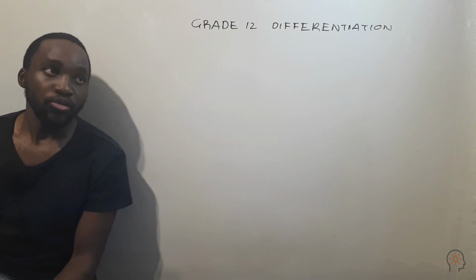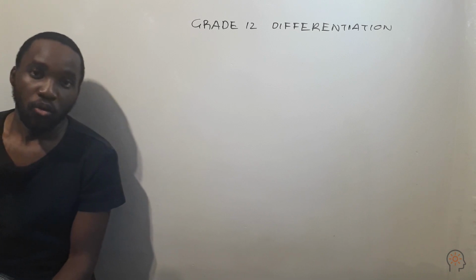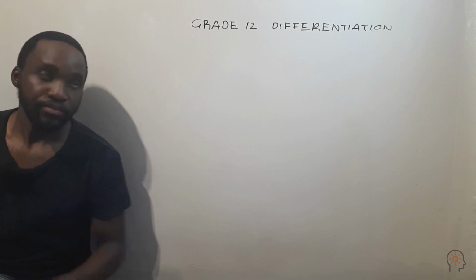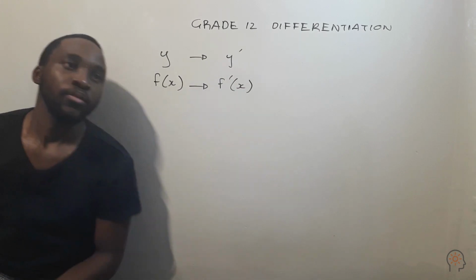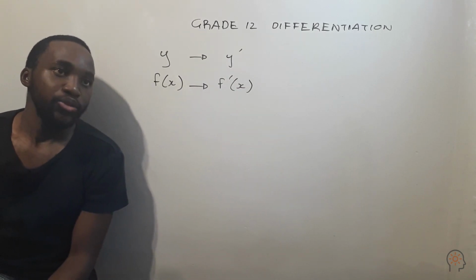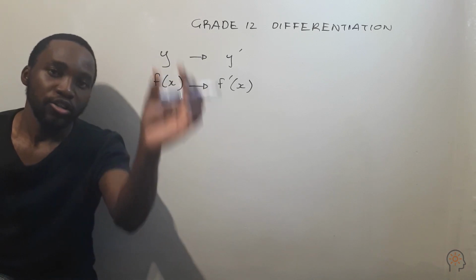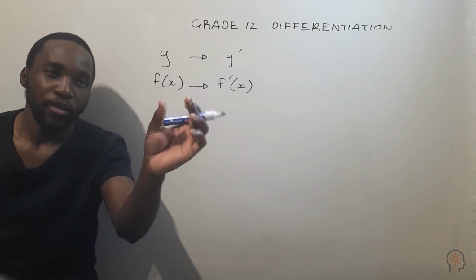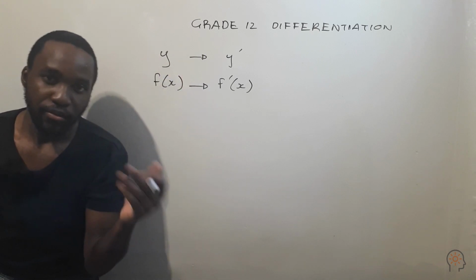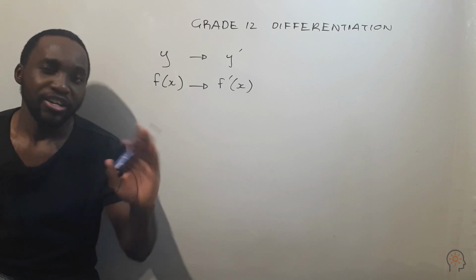So with grade 12 differentiation, this is one key thing you always want to remember. When we differentiate, all we will be doing is going from a normal function, a function of a graph. It can be any graph: a parabola, a straight line, a cubic graph, any type of graph.